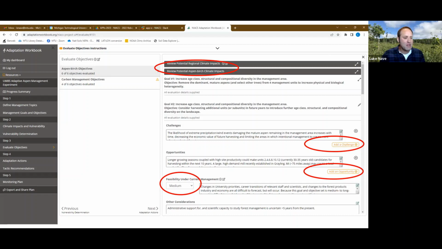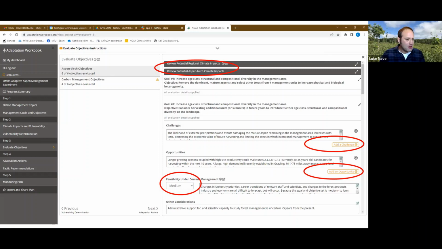It might actually be feasible to do harvesting sooner than we think because of more favorable growing conditions, more rapid regrowth of those 30 to 40-year-old stands. And we also identified specifically a recently opened plywood mill about 75 miles away that might increase the demand for what would typically have been sub-merchantable timber.